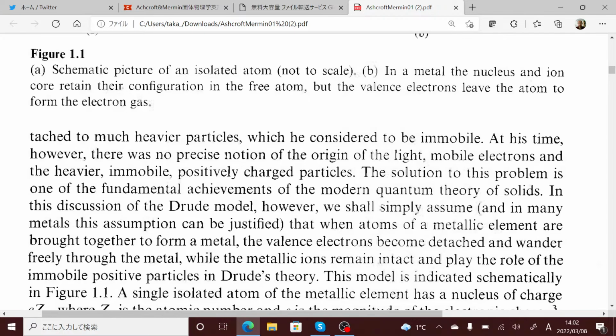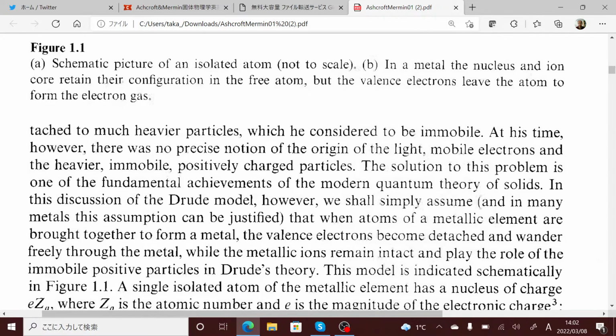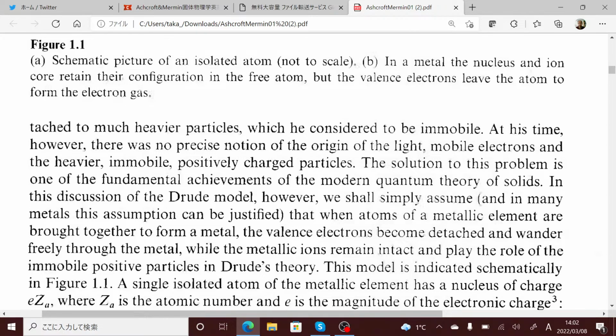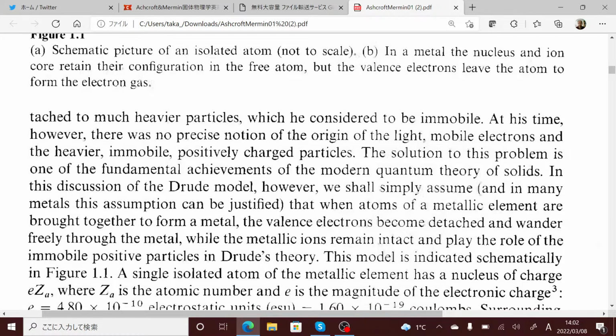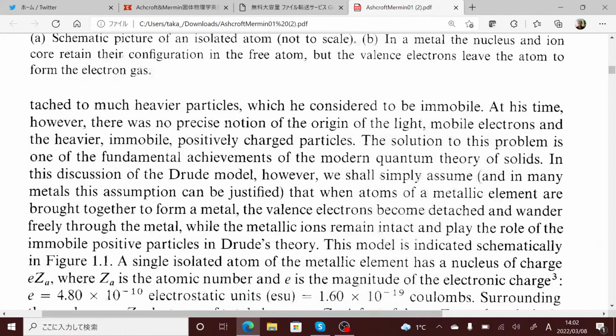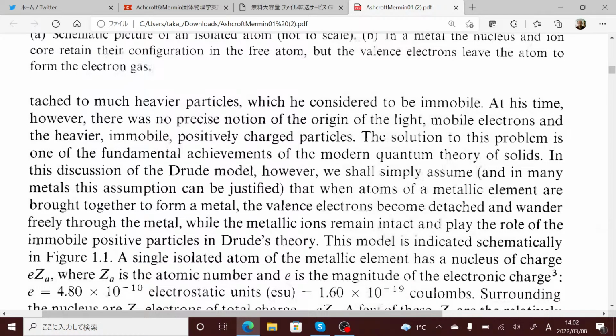The solution to this problem is one of the fundamental achievements of the modern quantum theory of solids.